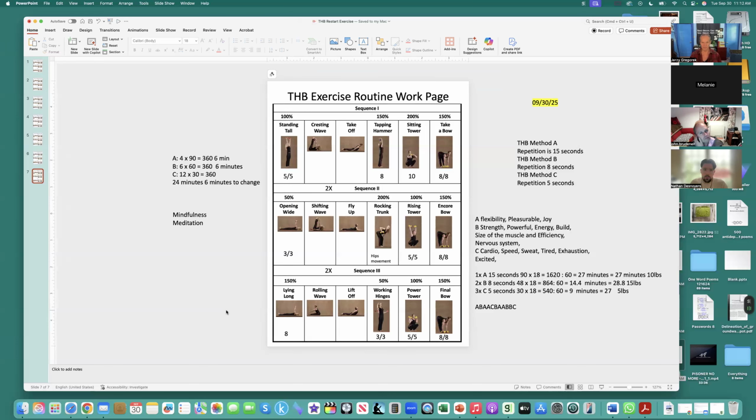And also, it can give us the idea of metabolic rate or metabolic health. So let's assume that these are the weights that somebody lifts during the session, and that session is C.